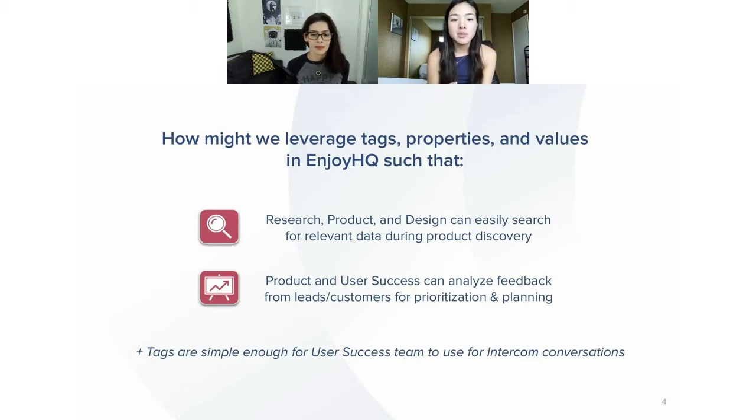The first job to be done was that we wanted to enable research, product, and design to easily search for relevant data during product discovery. In other words, if I am a researcher creating a new research project, I want to easily search for all of the relevant data I want to collect for my project.